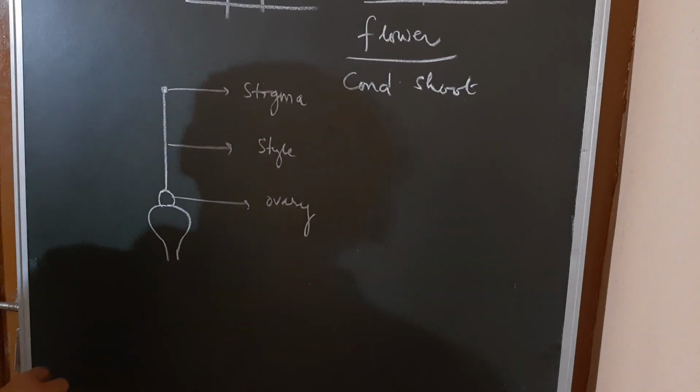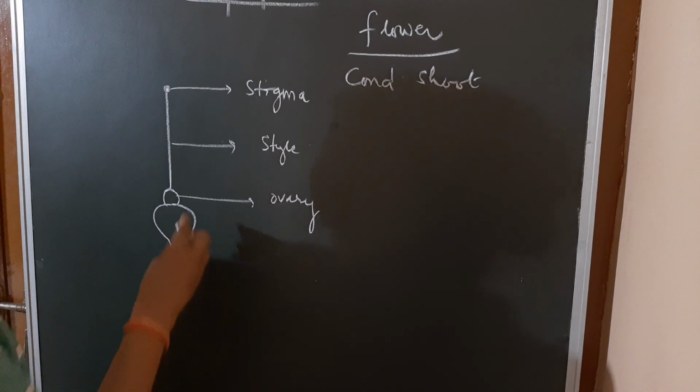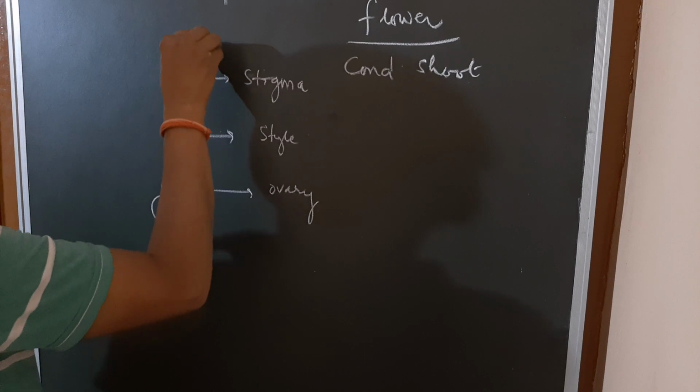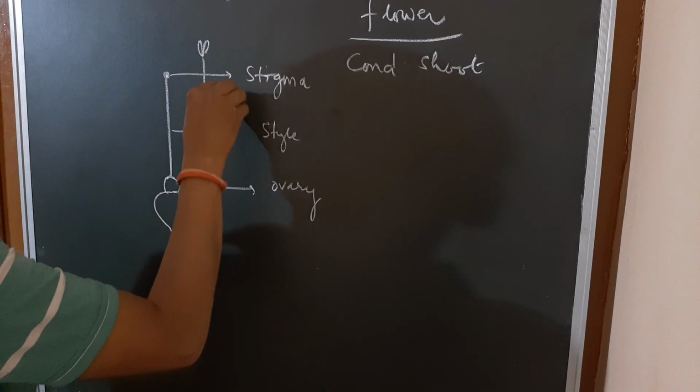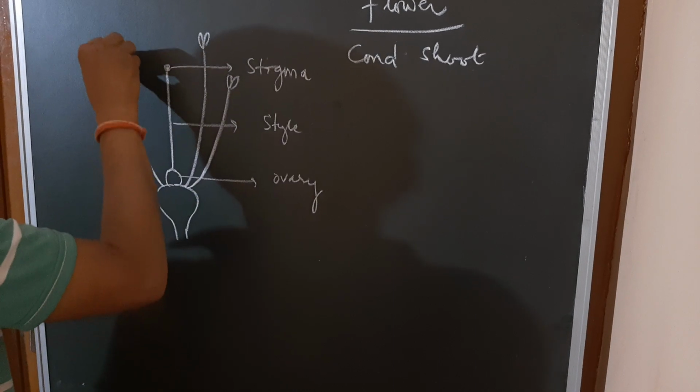Next, we are drawing the parts of a flower from inside to outside. So the next structure will be like this. Let me draw some parts here and some parts here also on either side.